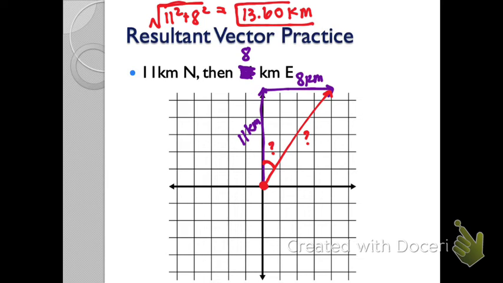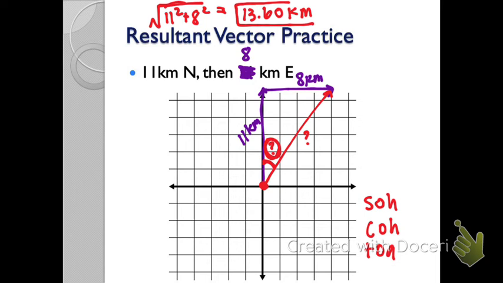Okay, so do you remember your trig functions? SOHCAHTOA? If you don't remember those, you might want to write that down, okay? If I want to solve for this angle right here, I have available to me the side opposite of that and the side adjacent to that angle, right?